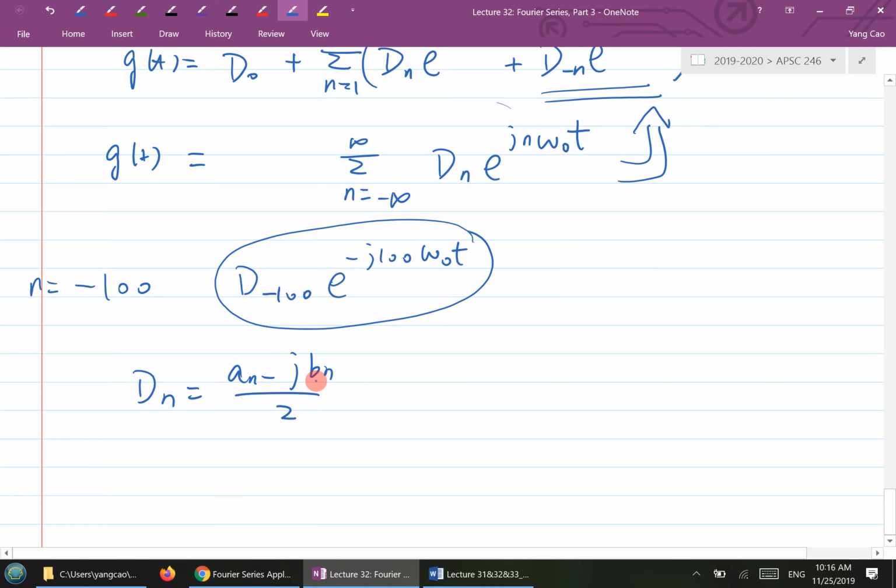A n and bn we have already obtained from the formula for the Fourier series. So I can substitute an and bn into this, and with some simplification you get the expression for dn, which is equal to this one.